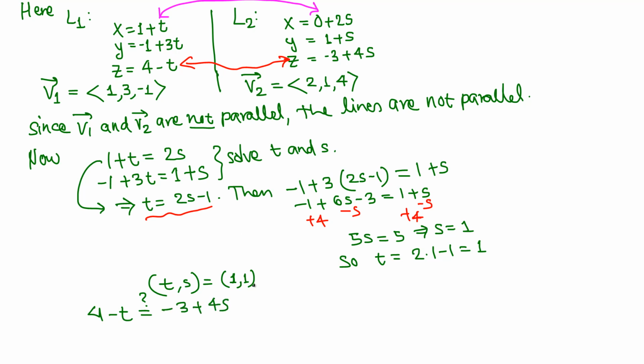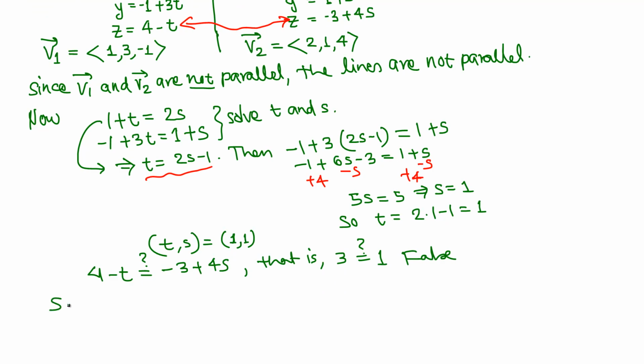Is this true? Let's plug in 1 for t and 1 for s. So 4 minus 1 is 3, equal to negative 3 plus 4 times 1, which is 4. Negative 3 plus 4 is 1. 3 equals 1? No, that's false. That means there is not a common point.